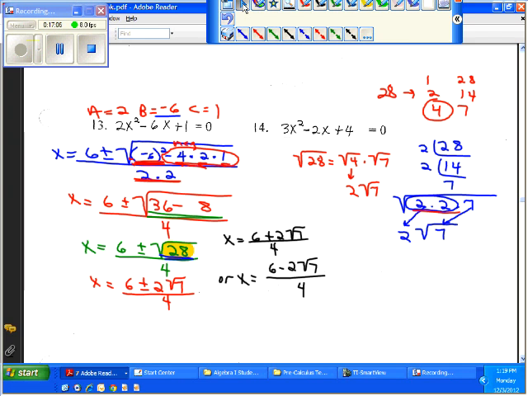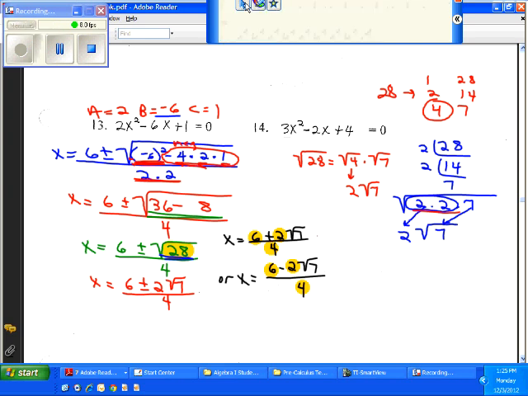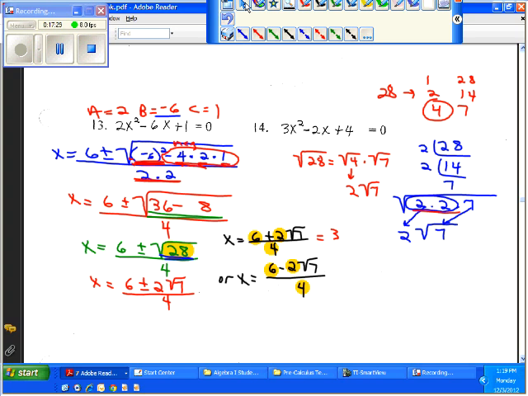Now, if there is a factor that will go into every term on the top and every term on the bottom, then you can simplify that by dividing every single term by that greatest common factor. Is there a thing that will go into 2, 6, and 4? 2. So 2 goes into all three of those. So 6 divided by 2 is 3. 2 divided by 2 is 1. And 4 divided by 2 is 2. And same thing on the bottom. So that's the simplified version.